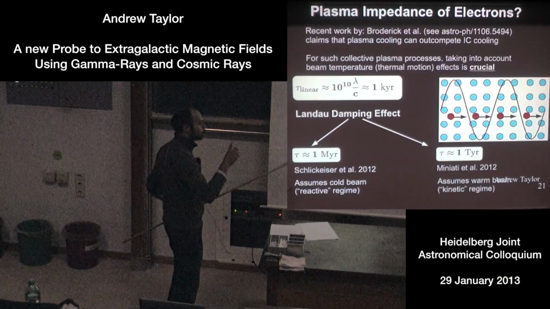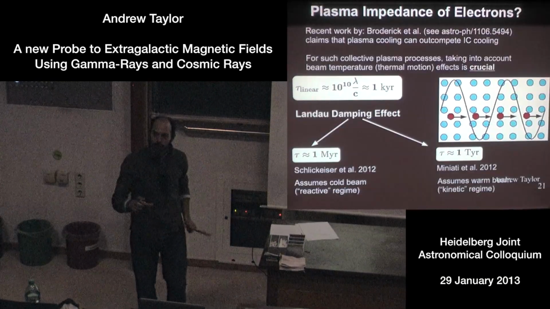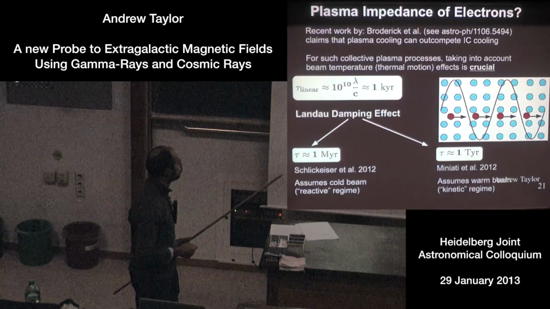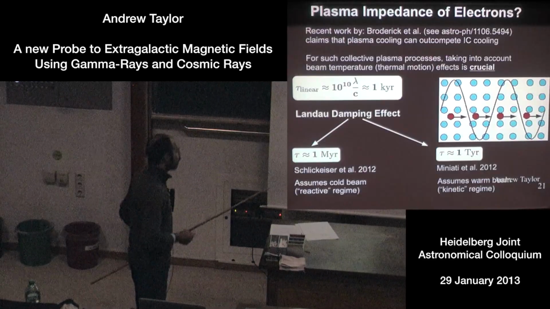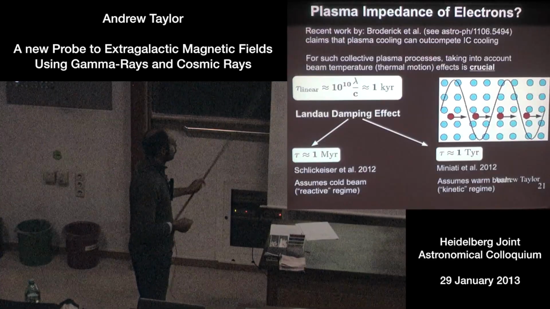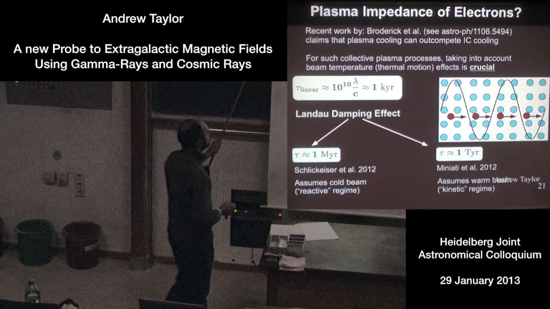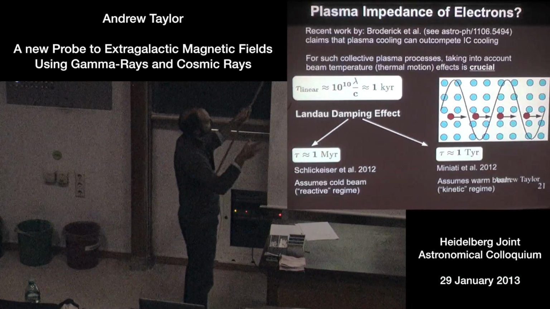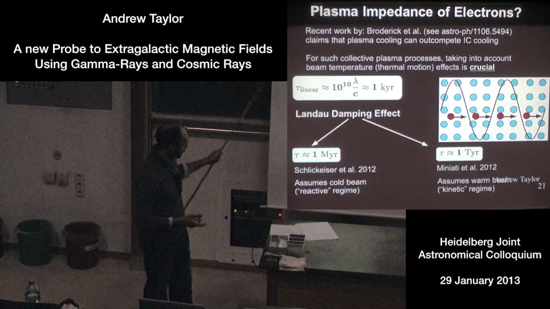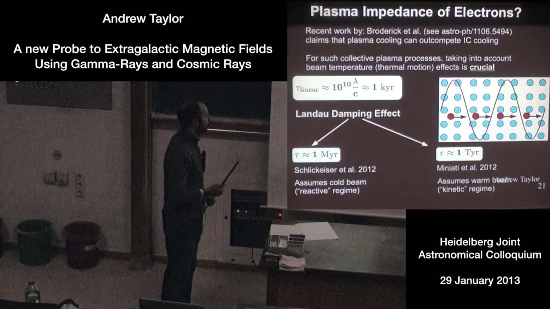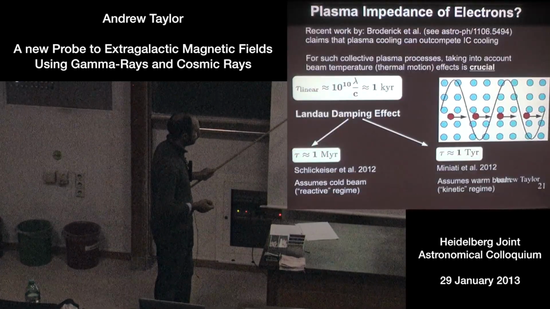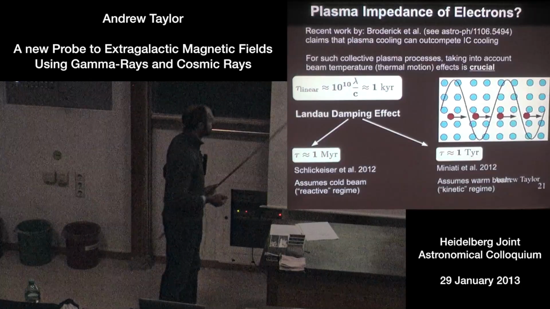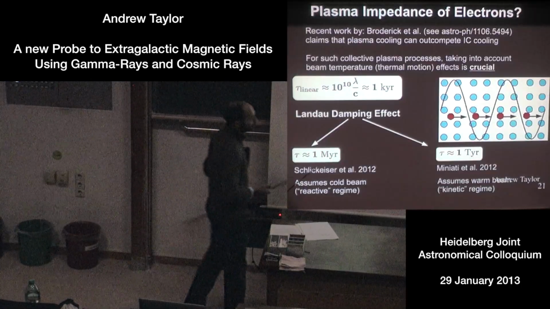I only want to address this briefly because the situation has become a little bit more confused. I'm sure we will talk about this afterwards. But anyway, this was a linear calculation, and there's some secondary physics to take into account. This has been done by two separate groups, and they get vastly different results.